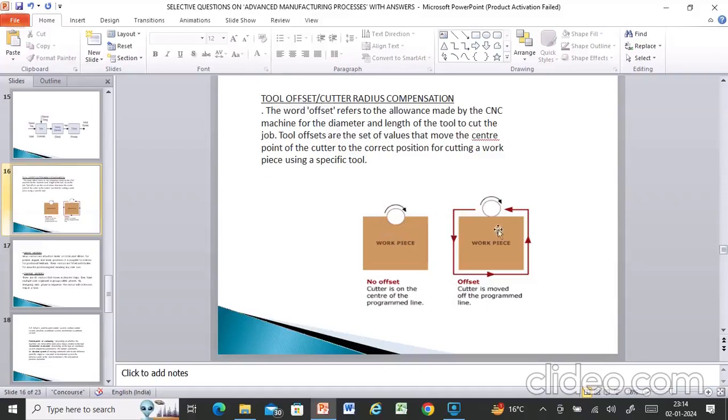You see, if this is a milling cutter, the machine control unit will take the center of the cutter, but actual cutting action takes place at the periphery. So the distance, half the radius of the cutter is the offset that is required, which is to be embedded in the program, and the cutting action will take place in the right position.